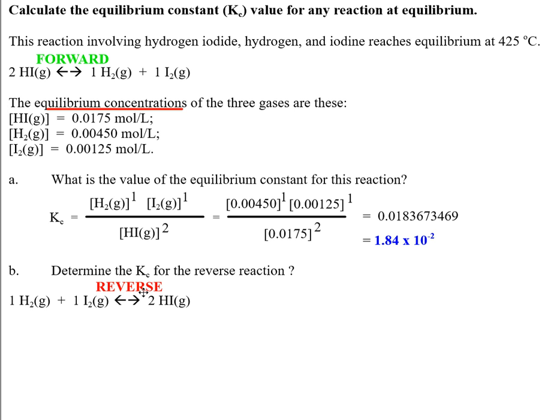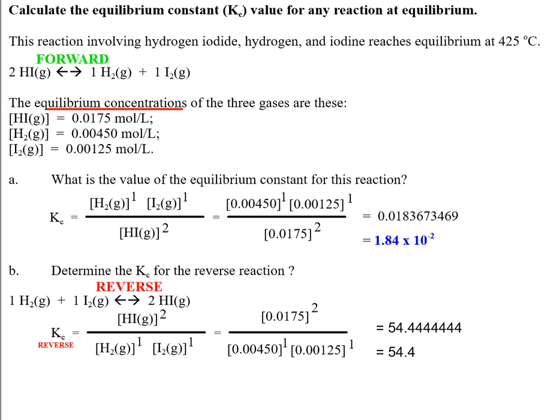So in order to calculate the Kc of the reverse, I need to find the equation in reverse so that I know which ones are products and which ones are reactants. Just like before, I place products over reactants in my reverse reaction, do my substitution, and get 54.4.